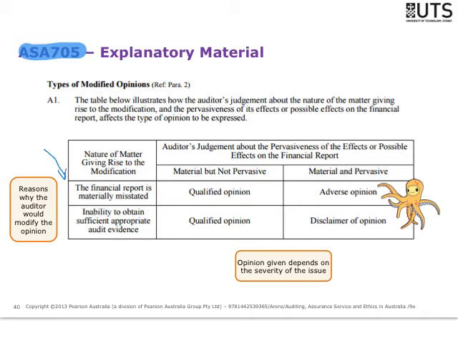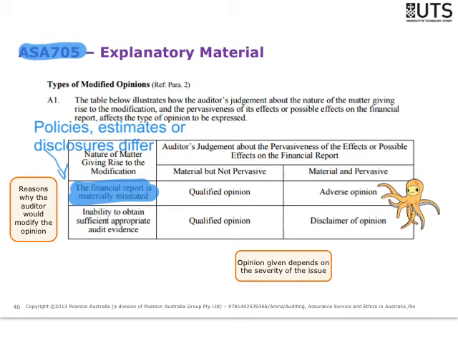So the first condition why we might issue a modified opinion is that the financial report is materially misstated. So this means, as I highlighted before, policies, estimates, or disclosures differ, meaning the auditor expected a certain policy, a certain estimate, and a certain disclosure on the financial statements, and quite simply, management disagreed.